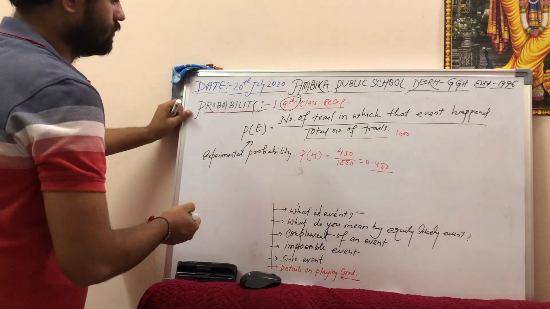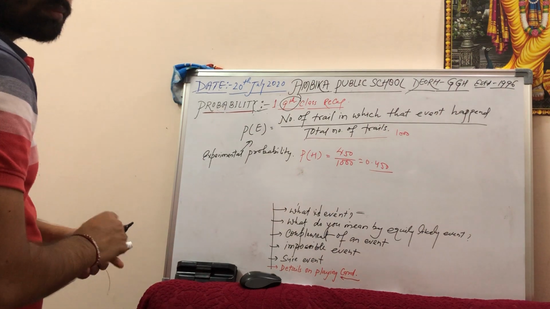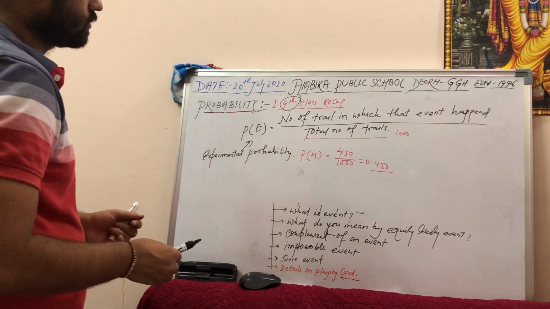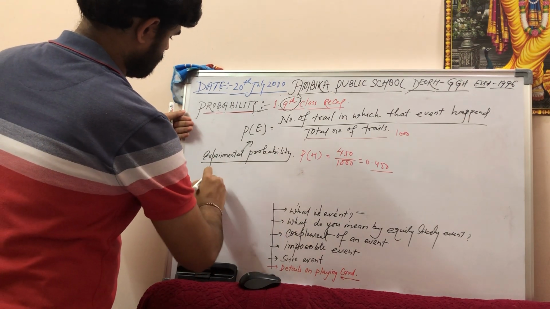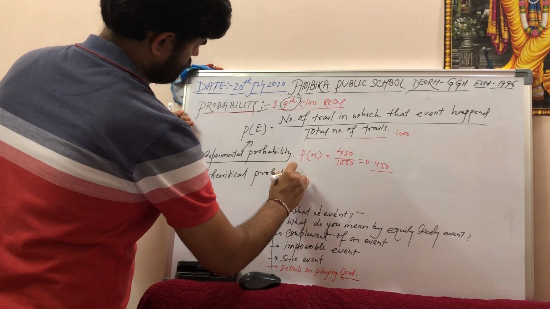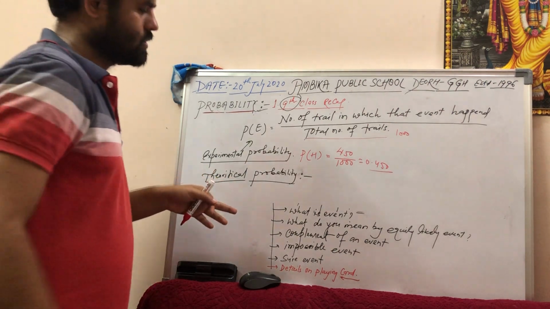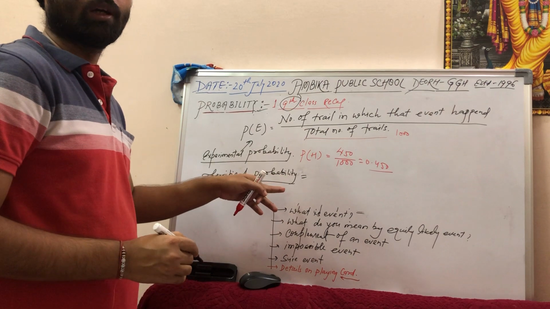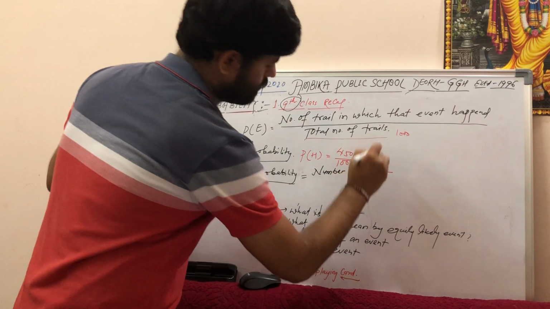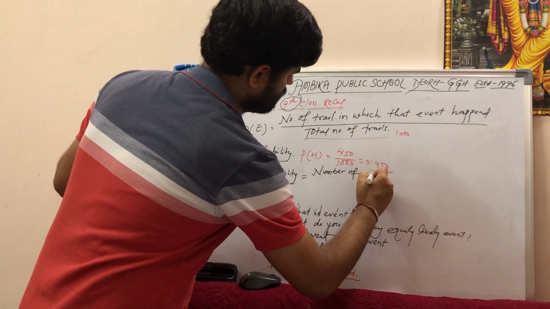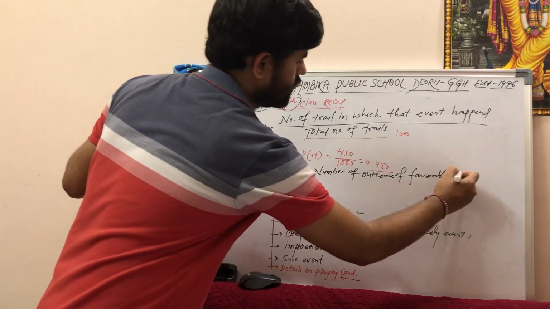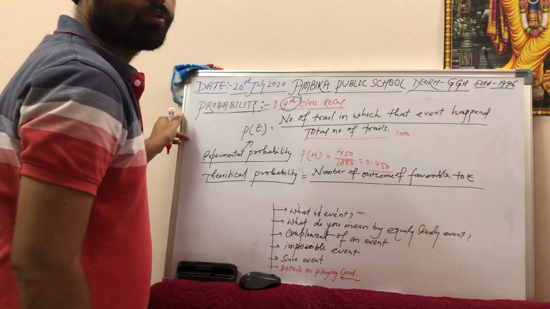Theoretical probability is the number of outcomes favorable to E, divided by the number of all possible outcomes.